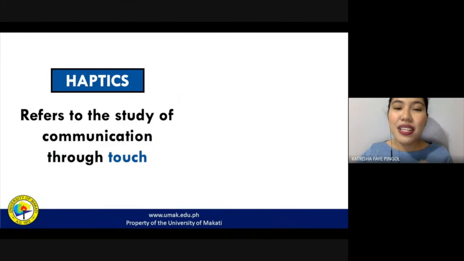We also have this thing we refer to as haptics, or the study of communication through touch. Aside from kinesics, this is also one of the most effective ways of using nonverbal communication. Why? Because it's direct. You are using your hands, your arms, of course, to represent meanings or to deliver messages.